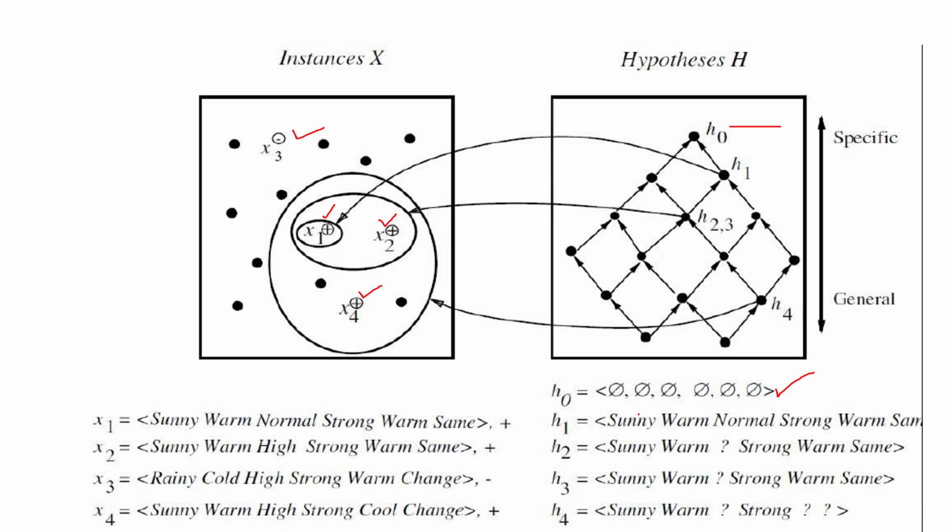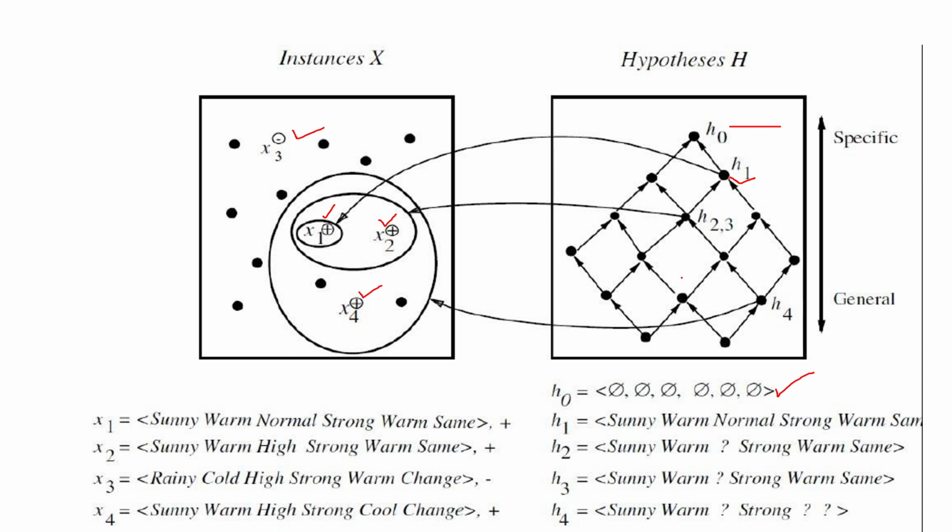So X1 is one such: sunny, warm, normal, strong, warm, and same. That is a little general, not too specific or more specific. So H1 is mapped to the first instance, X1.